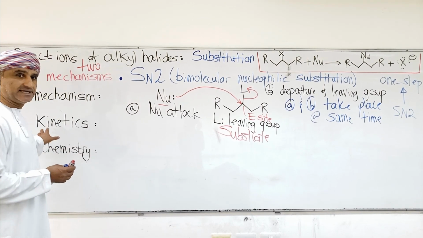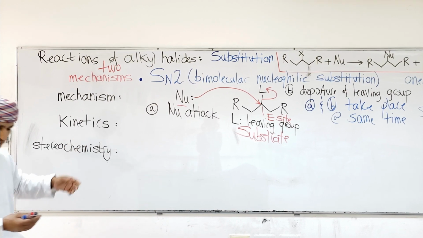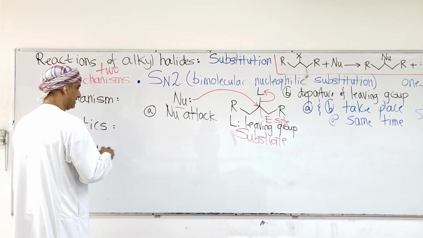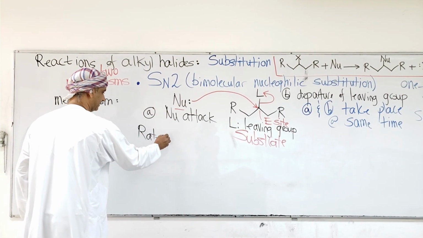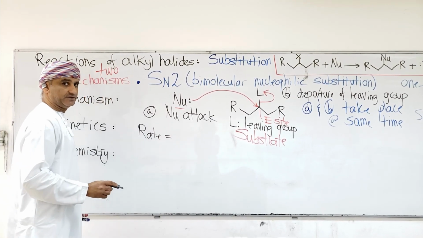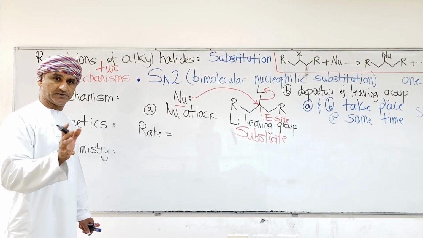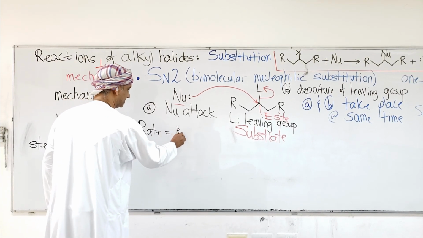In other words, the kinetics now. So if we talk about the kinetics, then we can say that the rate of the reaction, remember, the rate reflects how fast the reaction can go, how slow, how fast. The rate is the rate constant.